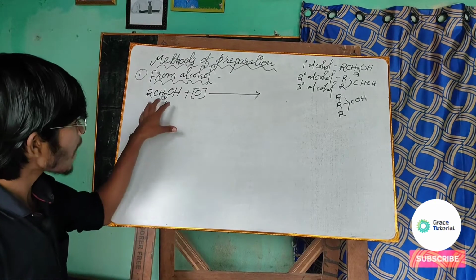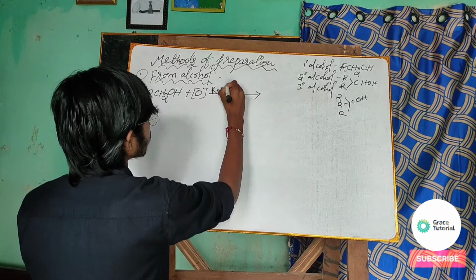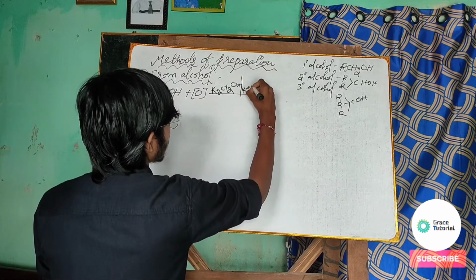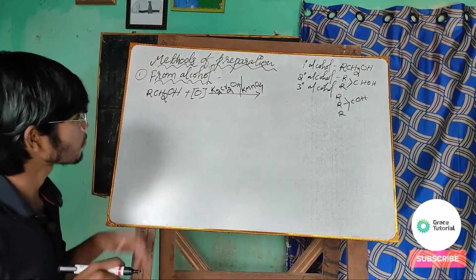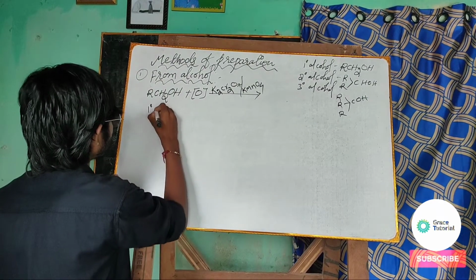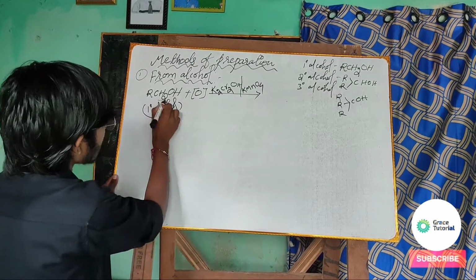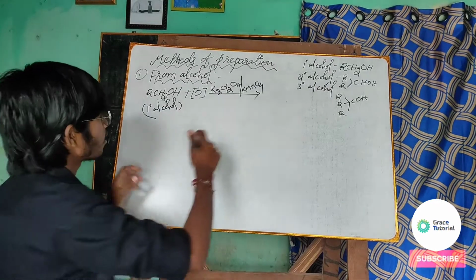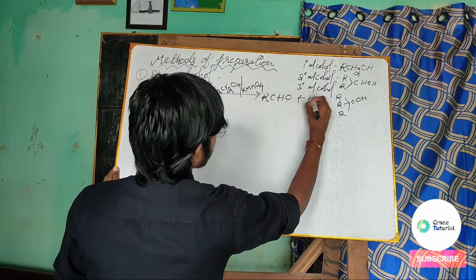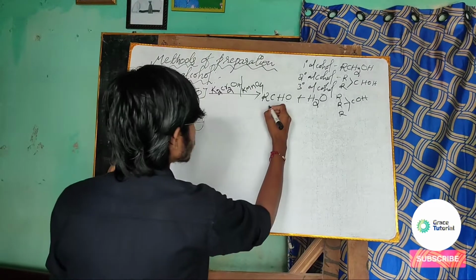That means when the primary alcohol gets oxidized in the presence of potassium dichromate, K2Cr2O7, or KMnO4, potassium permanganate, then this H2 will be broken and finally it gives RCHO and water is removed here. That means the aldehyde is produced. So RCHO means aldehyde.